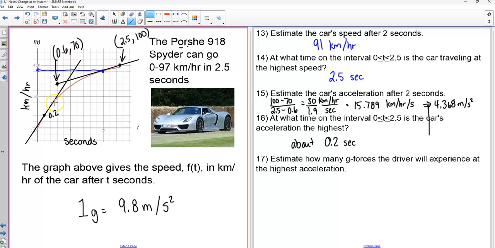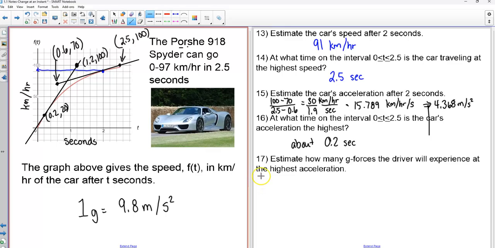But this is your acceleration due to gravity. So if we did a slope for this line, let's use 0.2, 20, and then let's use where we hit a grid line or close to it. Right there, that point is 1.2, 100.